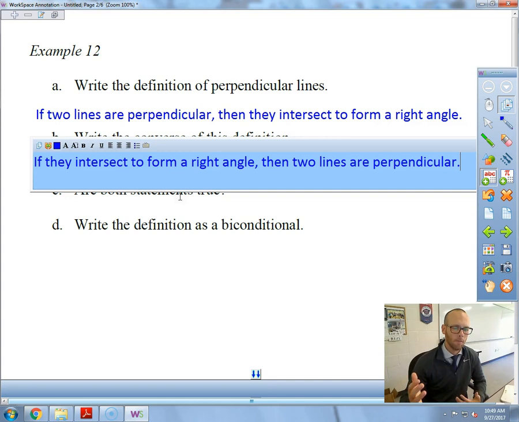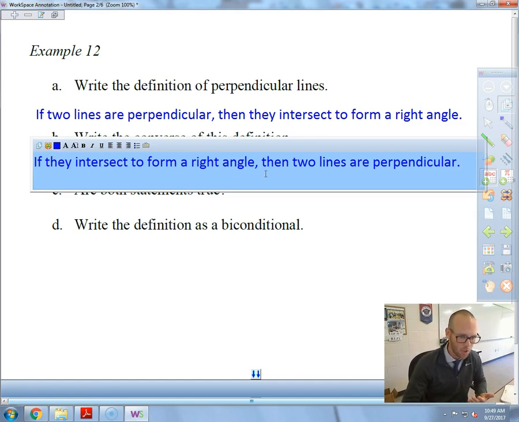I was not a terrific English language arts student when it came to writing, but I recall my English teachers having an issue with starting off a sentence with something like "they" when we don't know what the "they" is yet. If they intersect, what is this "they"? We don't know yet.